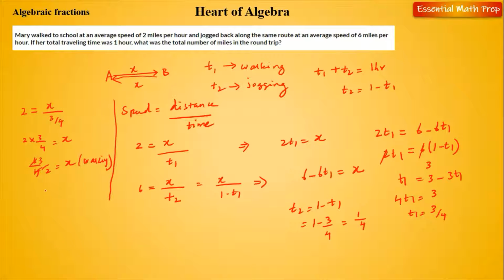And because it's the same route, let's do 6 times 1 over 4 equals x as well. So that's essentially 3 over 2, right? This is for jogging. So our distance is 3 over 2 plus 3 over 2. So 2 is a common factor. So it's 6. So it's 3.